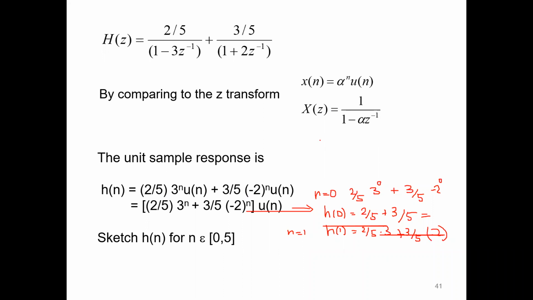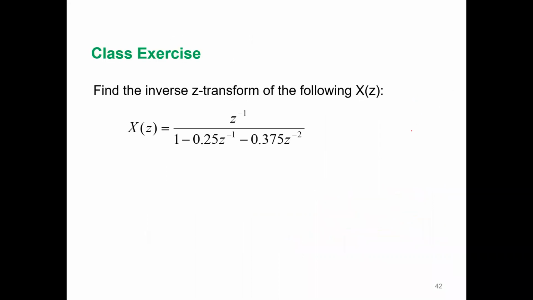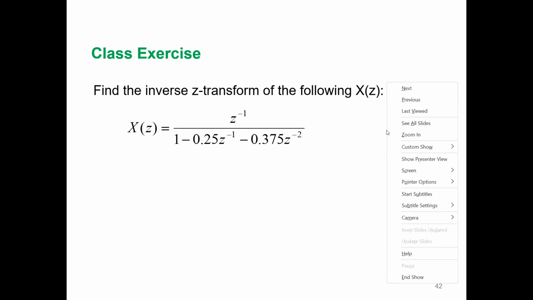So anyway, if you want to get rid of this z-transform thing, which is actually a tough thing for many people, right? Okay. There's another one. Find the inverse z-transform of the following X(z).